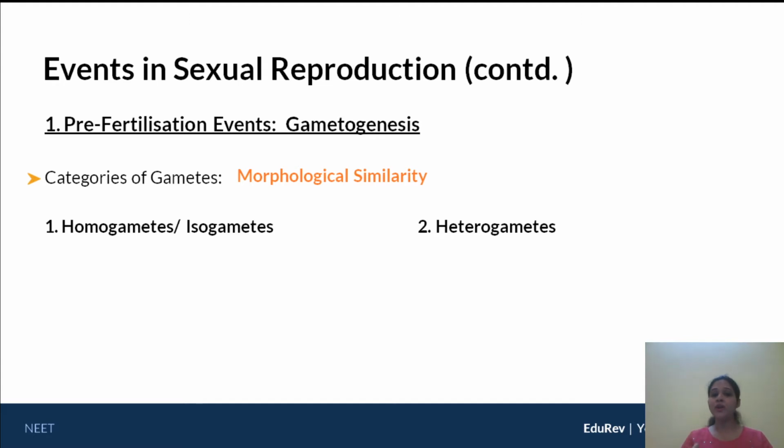So homogametes or isogametes are those that are morphologically very, very similar to each other to such an extent that you cannot even separate which one is female and which one is male. However, heterogametes, the word hetero tells you the word different, which means here there is no proper morphological similarity. So probably you are able to distinguish between the male and the female.